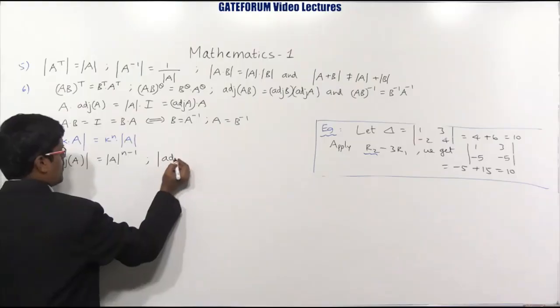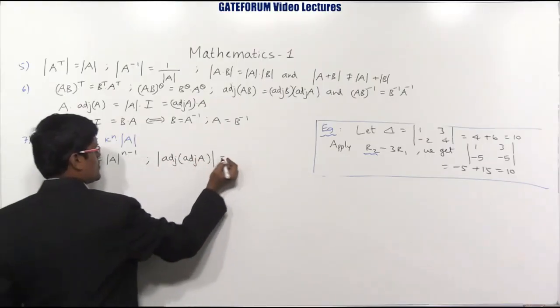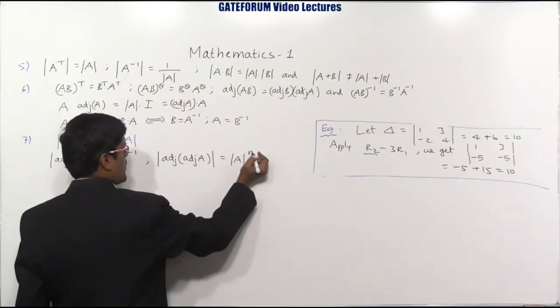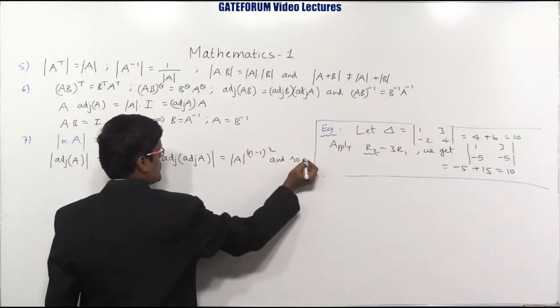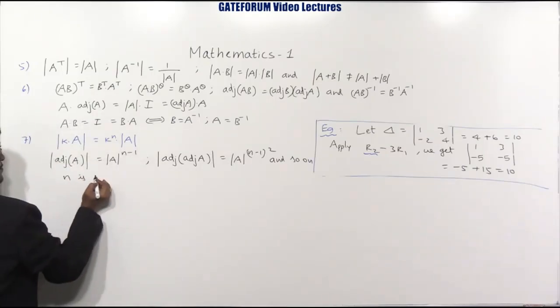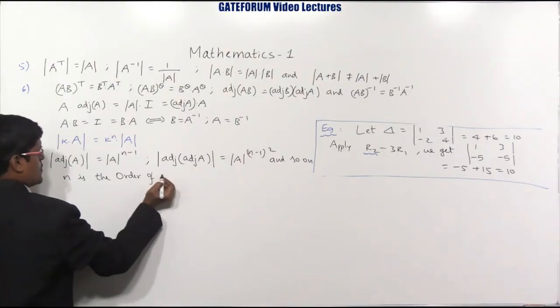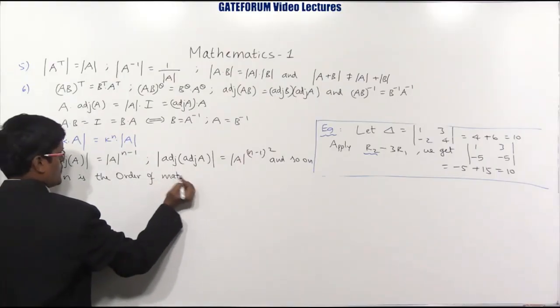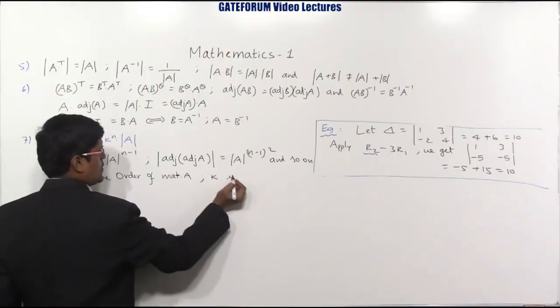Similarly, determinant of adjoint of adjoint A is equal to det A to the power N minus 1 whole square, and so on. N is the order of matrix A. K is a scalar.